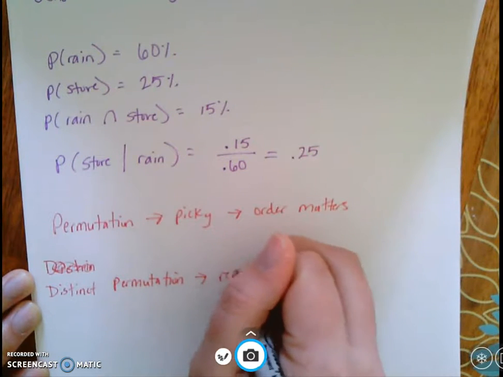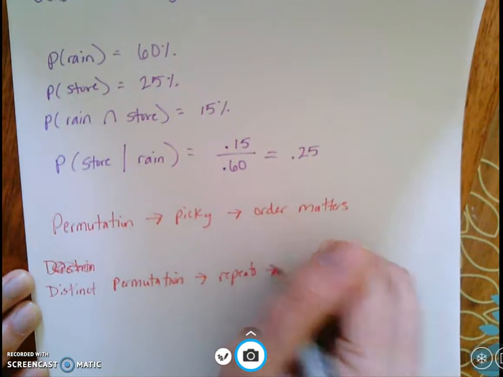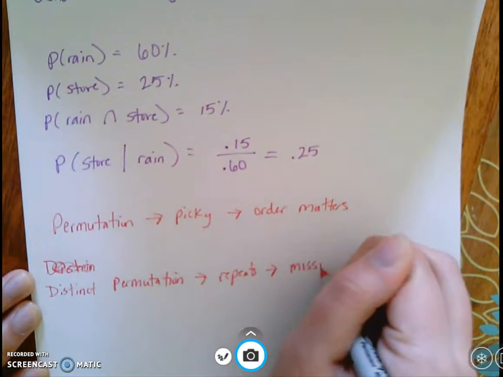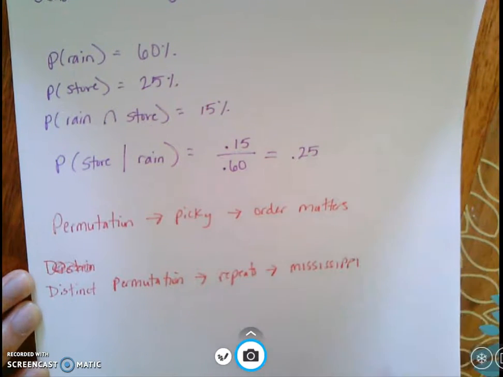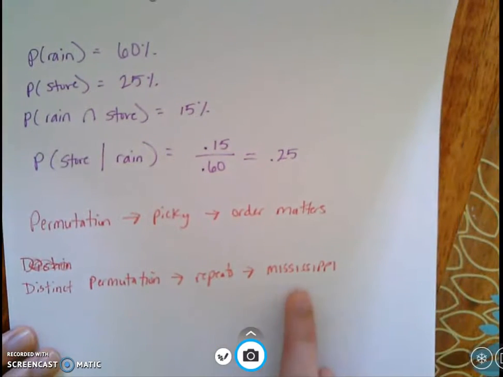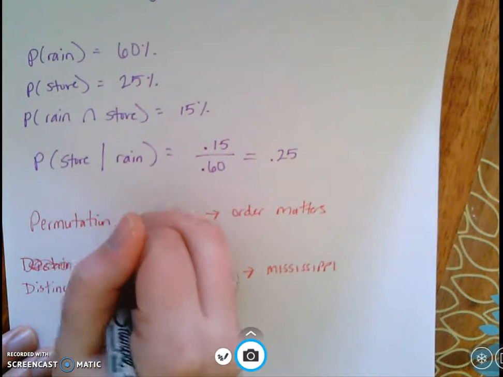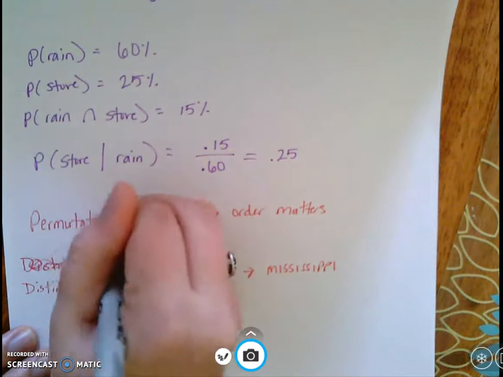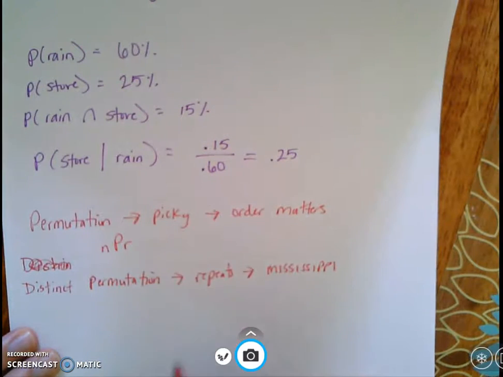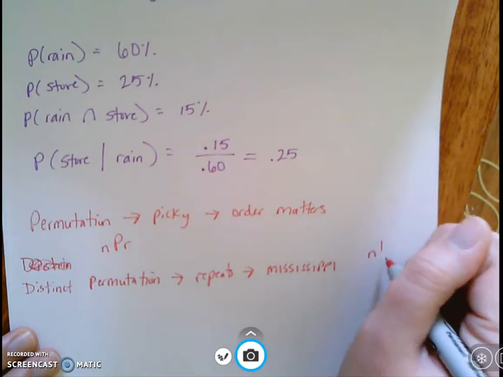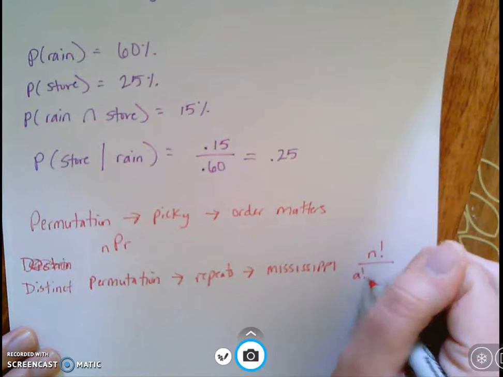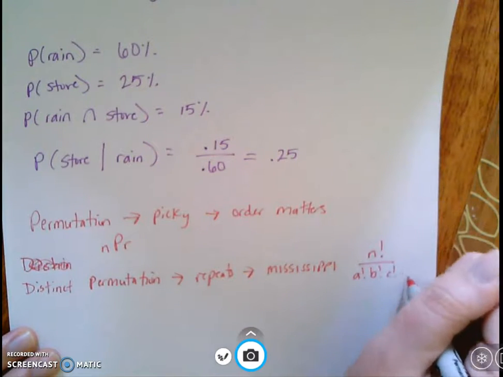Distinct permutation. Oops. I should spell it correctly. This is when something repeats. The example we did in class was Mississippi. So when the letters repeat, I have to do that. Your formula for permutation, remember, is nPr in your calculator. This one is your total number of letters factorial over the repeats factorial.